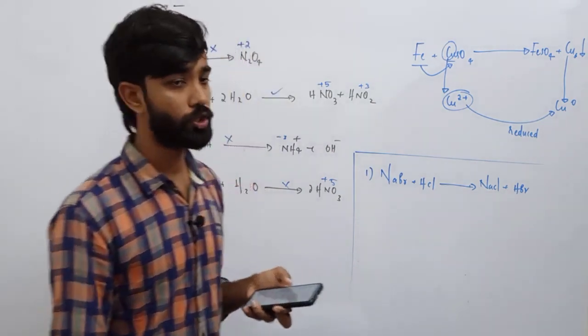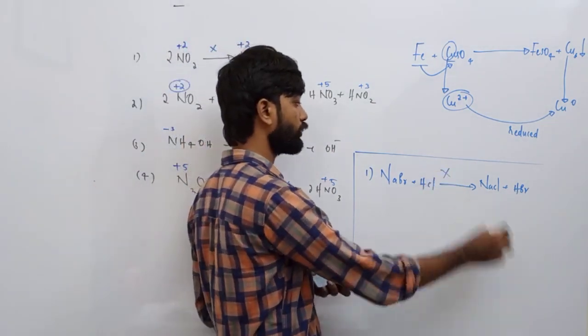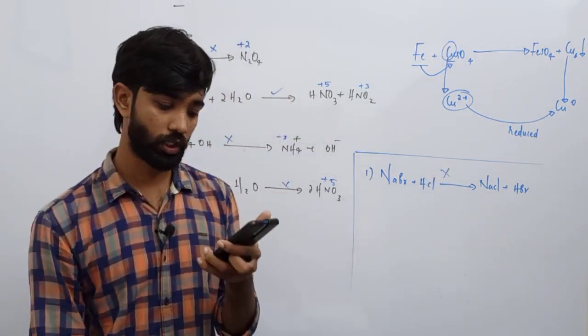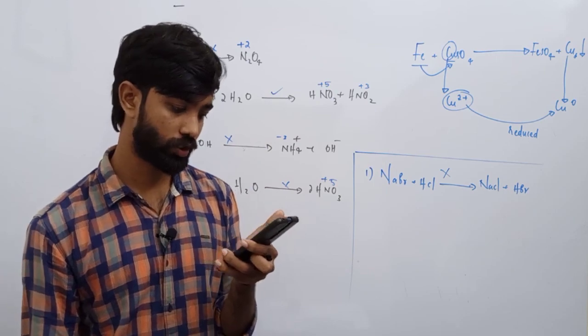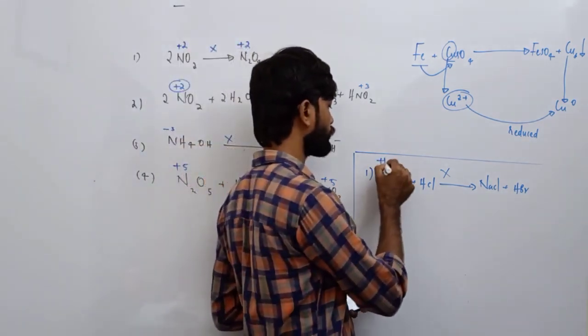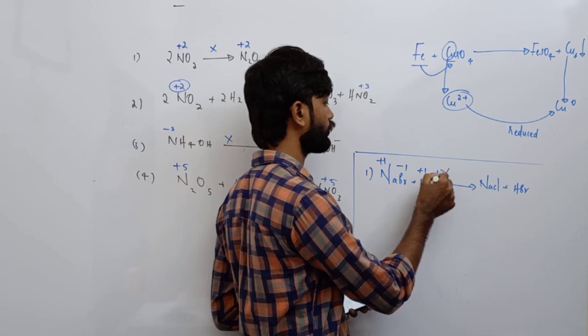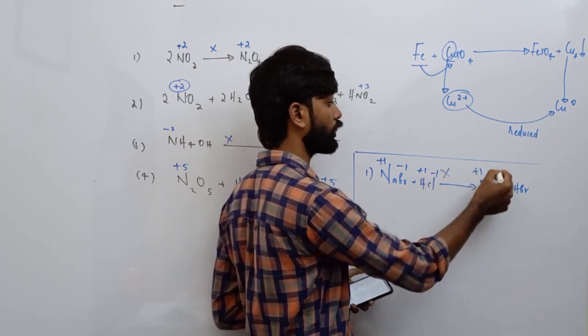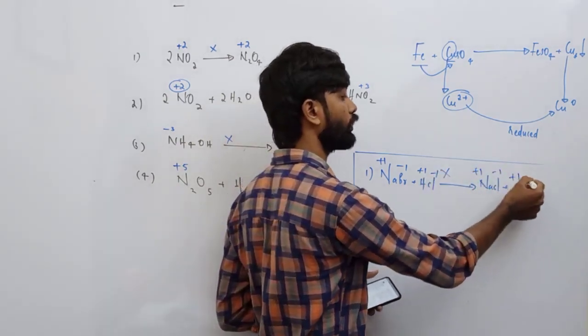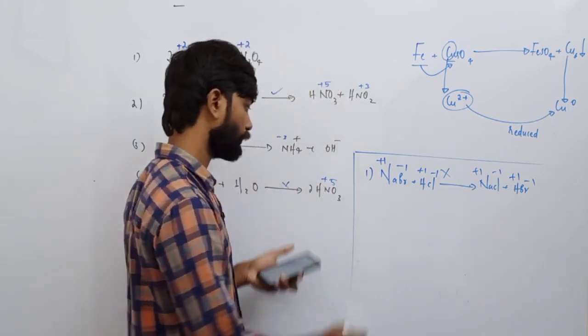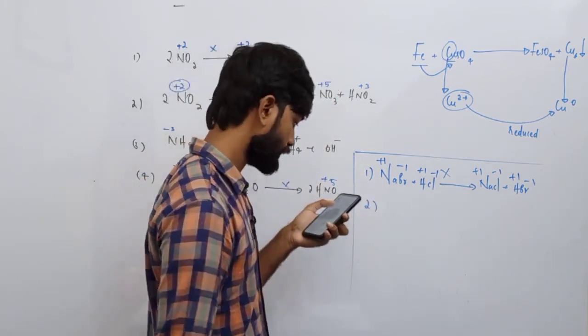Acidification of salts is not a redox reaction. There is no change in oxidation state: sodium +1, bromine -1, hydrogen +1, chlorine -1, sodium +1, chlorine -1, hydrogen +1, bromine -1. There is no change.